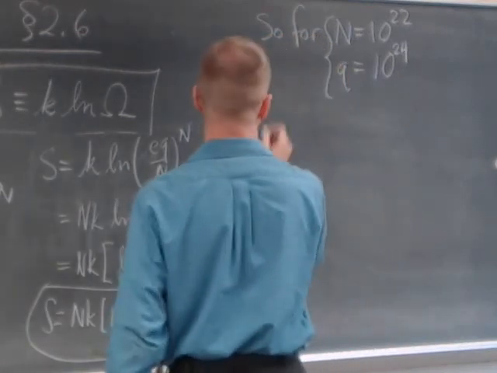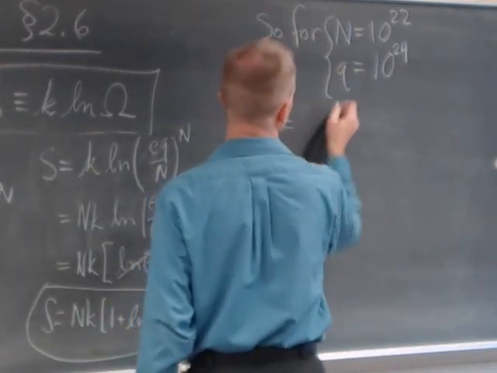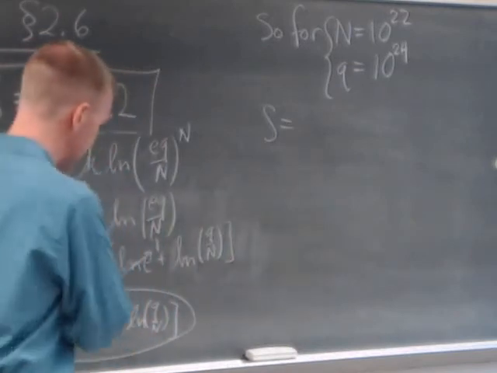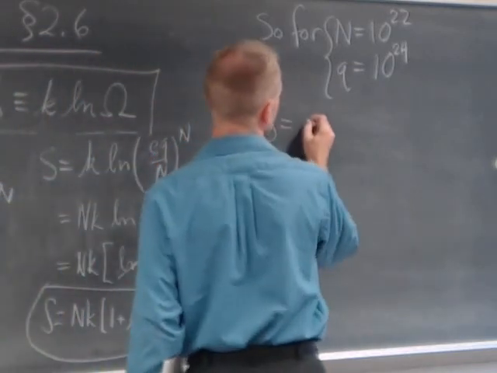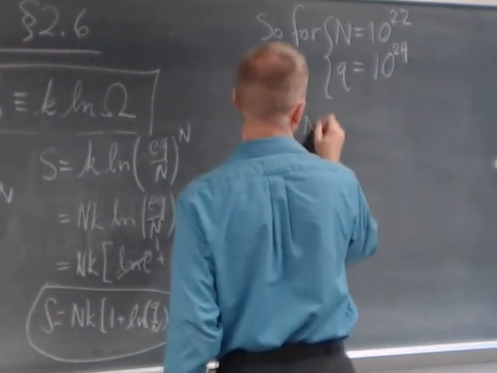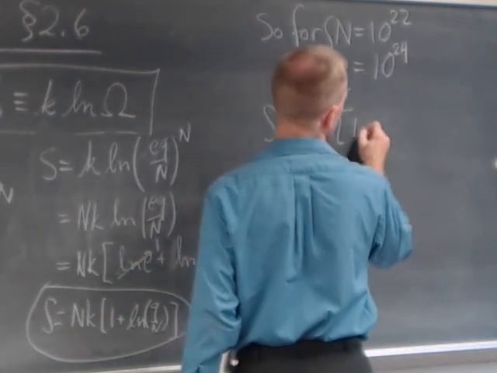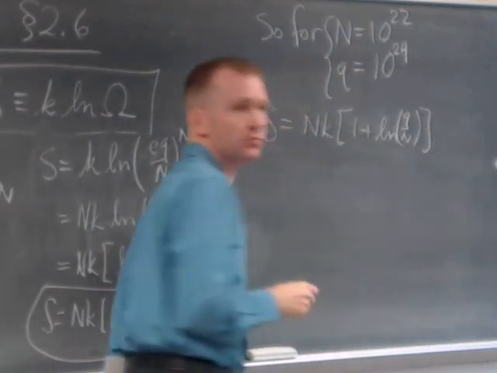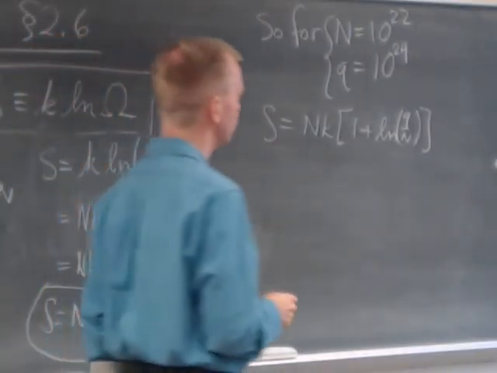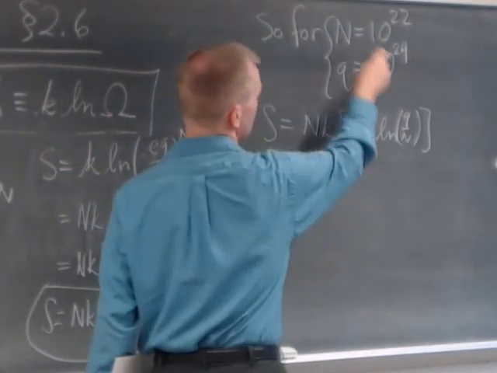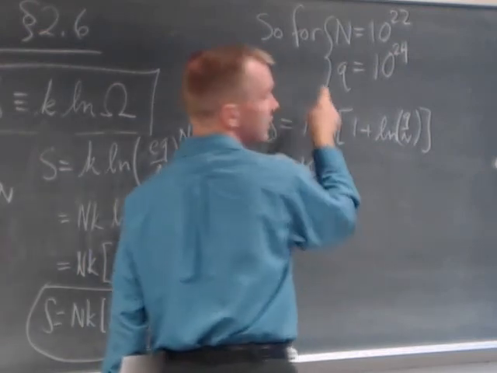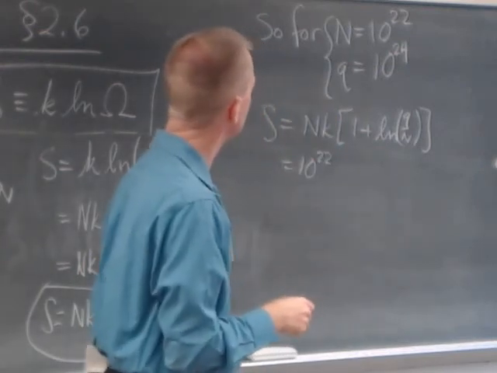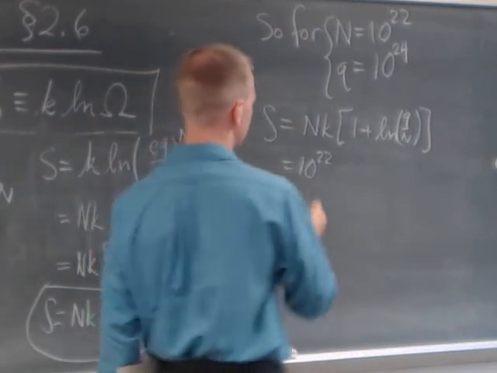Then, let's see, Nk, that's 10 to the 22 times, what was k?